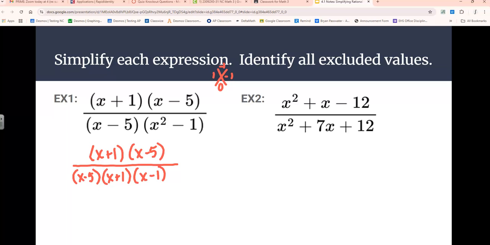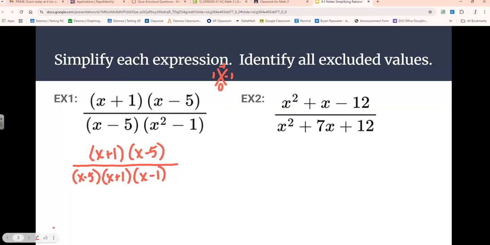Now you want to factor completely, factor everything you can factor, and then we want to look for excluded values before we start simplifying, okay? Because if we wait to find excluded values till after we've simplified, we're going to miss some of them, because they might get canceled out.